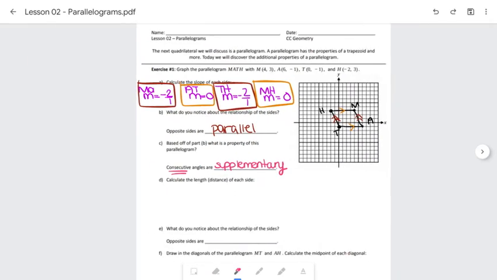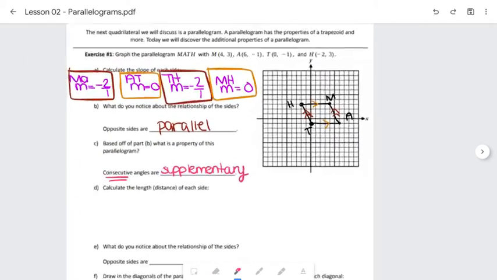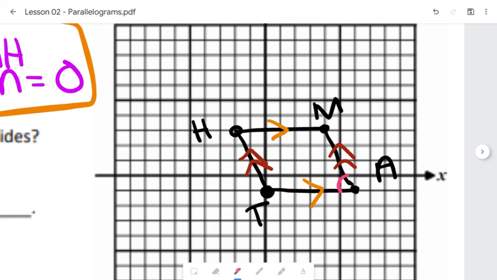Okay. If that's true, if I think about it, if this angle and this angle have to equal 180, and then angle T and angle H have to add to 180, and angle H and angle M, like if that's the case, if we know that angle T is the same in both the pairs of like A and H, we know that angle H is going to have to be the same as angle A because there's only one number. Remember, we talked about that rule earlier in the year.